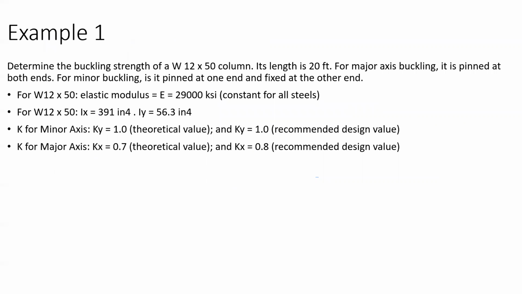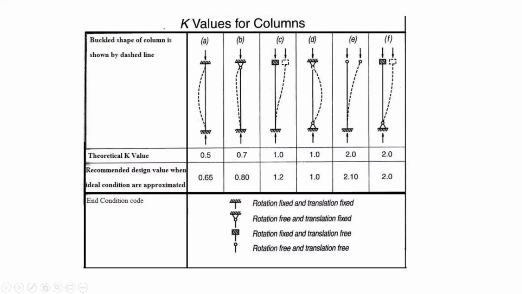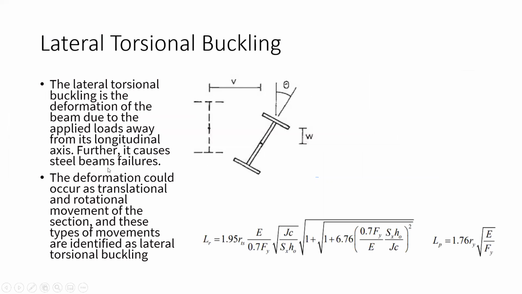We have example 1: determine the buckling strength of a W12 by 50 column. Its length is 20 feet. For major axis buckling, it is pinned at both ends. So, tandaan natin, pag pinned at both ends, pin connection, ang K natin is 1.0.